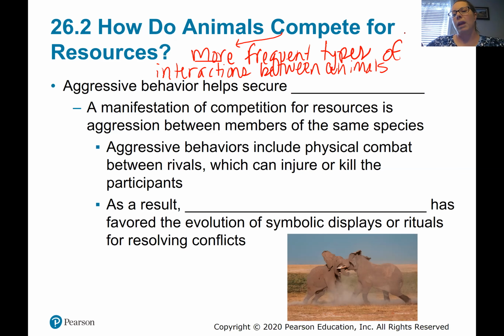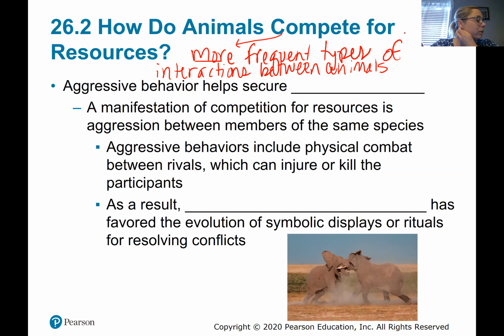Competing for mates, for space, for food, water, those types of interactions and how those animals behave and what they choose to do with those situations is probably one of the most frequent types of interactions that animals are going to have with each other.